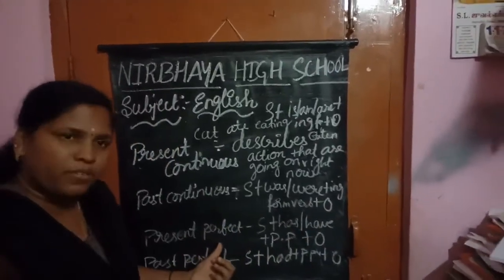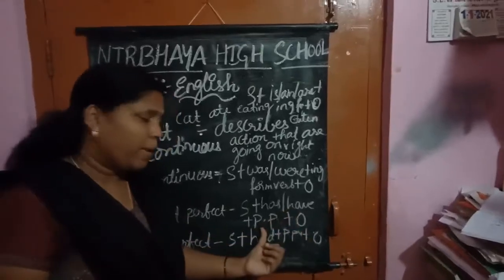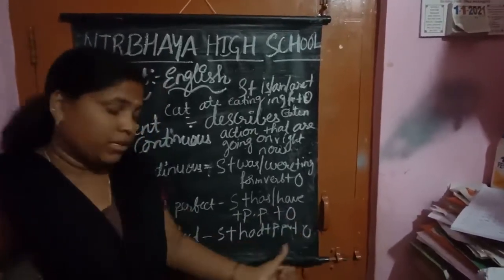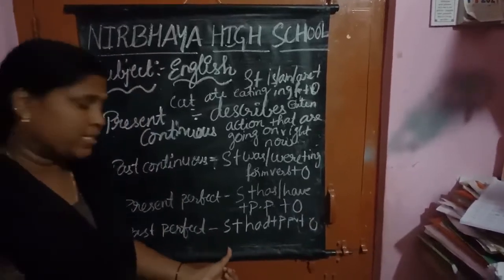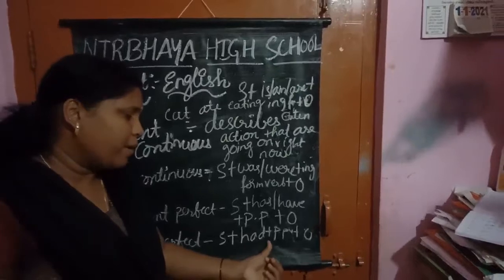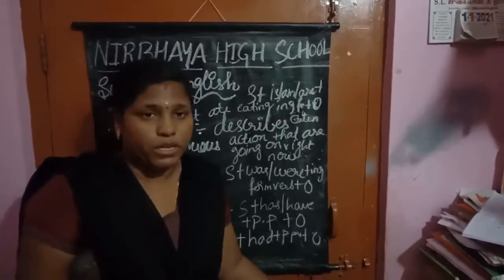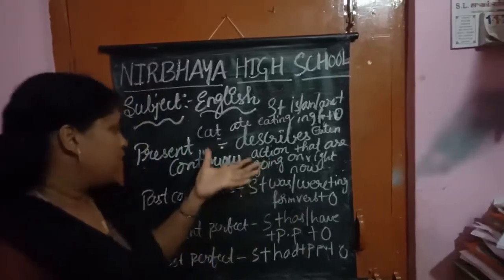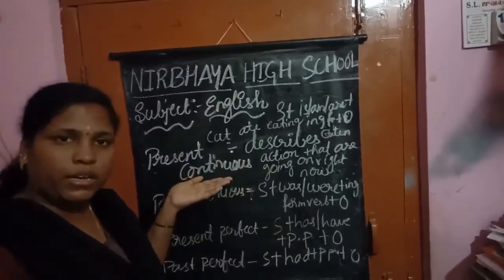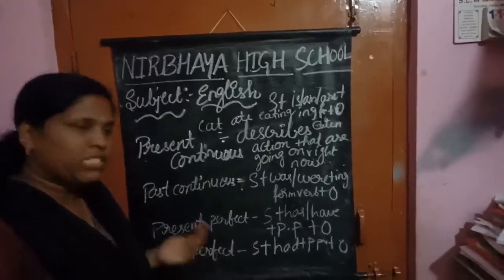Coming to present perfect: subject plus has or have plus past participle of verb plus object. Next, past perfect tense. What is the rule? Subject plus had plus past participle of verb plus object. Understood, children? These are the four tenses we did today: present continuous, past continuous, present perfect, past perfect.